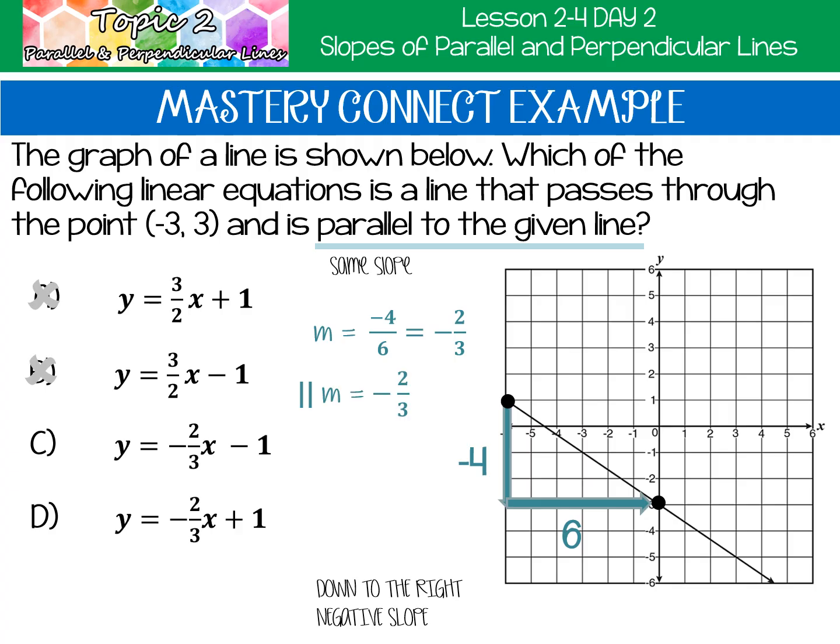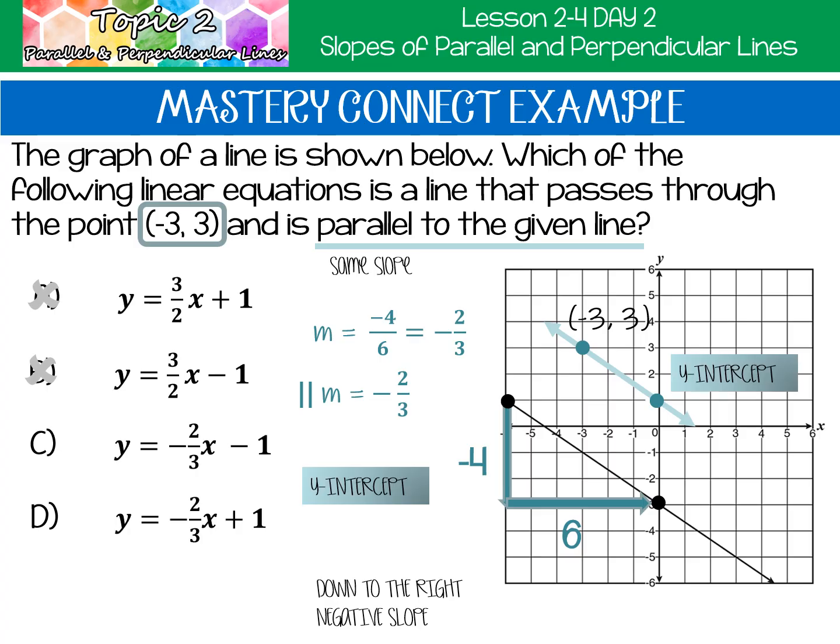We have to go through the point -3, 3. And let's use the same slope. So we're going to go down 2, right 3, and that crosses the y-axis at a +1. So that's our y-intercept, and that's going to give us D.